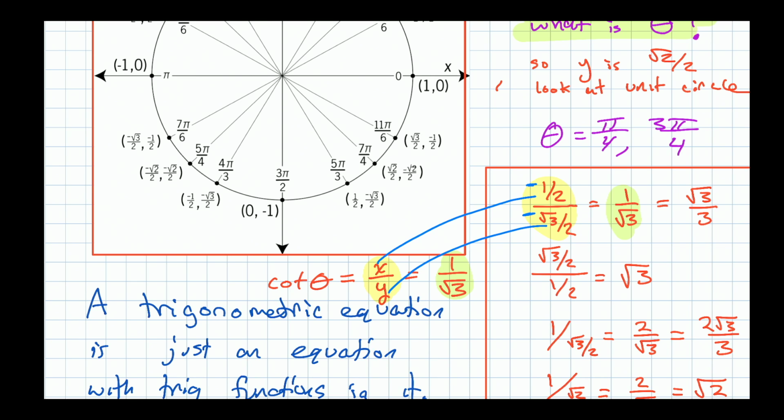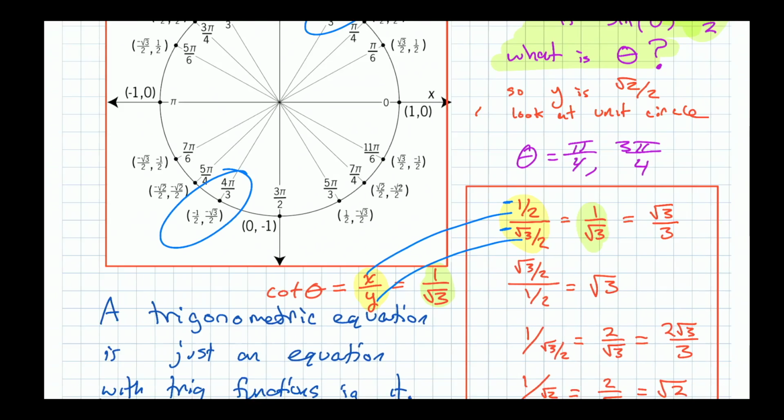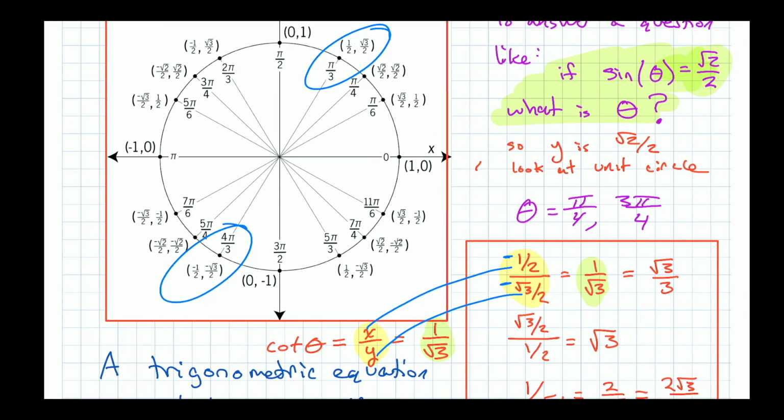Then when you divided them, you would still get the same answer. So I could also look where x is negative 1/2 and where y is negative square root 3 over 2. And that happens, looks like right there. Okay, so those are the two that I'm looking for.